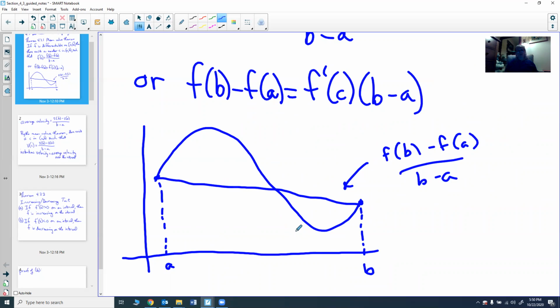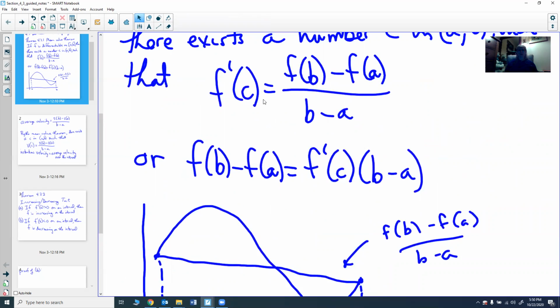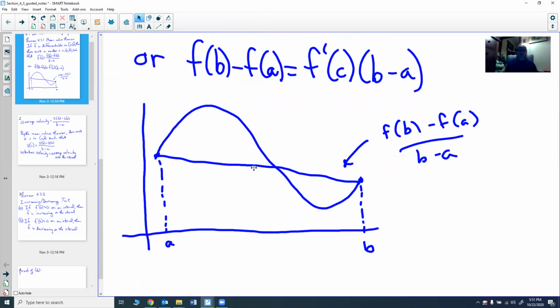Well, what the mean value theorem tells me is that somewhere in this interval, there's at least one point where the slope of the secant line is the same as the slope of the tangent line. Let's copy this line and paste it back in here.